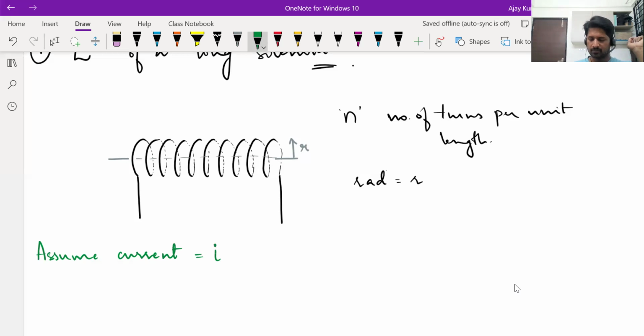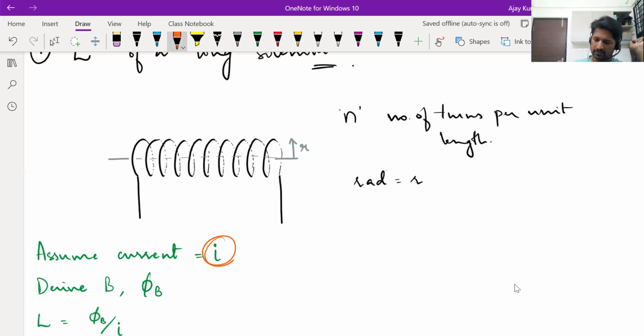Based on the current, we will derive the magnetic field and the magnetic flux through the coil. Then self-inductance by definition is magnetic flux divided by current. The flux will depend on current anyway, so when you divide by current, it gets cancelled. So your assumption doesn't really matter finally. You'll get an answer for inductance.